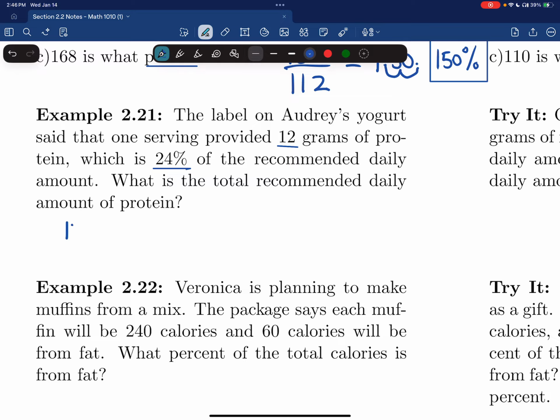So I'm going to take 12 and divide it by 0.24. Remember, we're moving the decimal 2 places to the left to turn a percentage into the decimal. Now 12 divided by 0.24 is 50. So we've answered the question. The total recommended daily amount of protein is 50 grams.